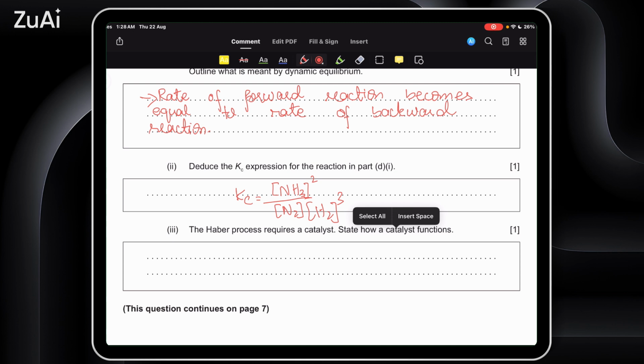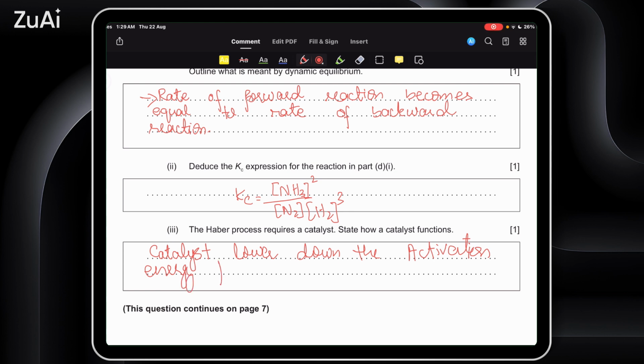So a catalyst lowers down the activation energy basically. Catalyst lowers down the activation energy by providing an alternative pathway.